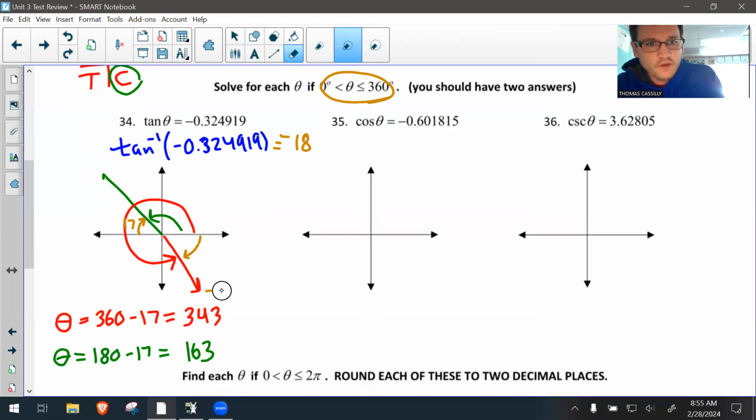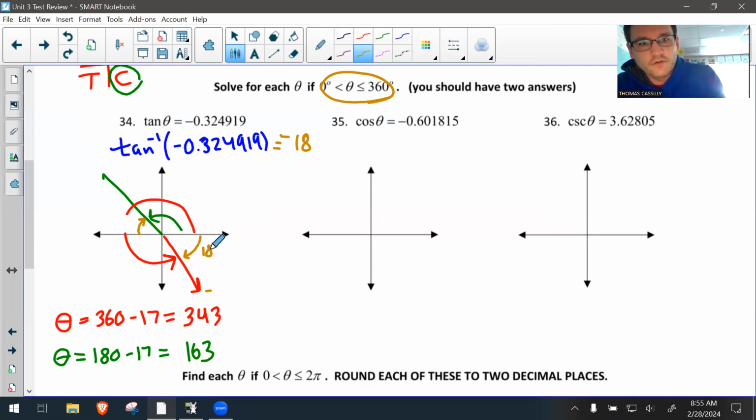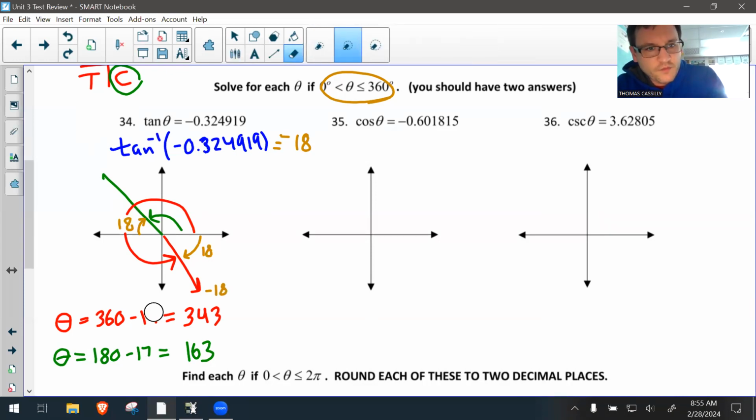We can fix it by changing everything to an 18. So it's an 18-degree angle, which means we need to subtract 18 instead.